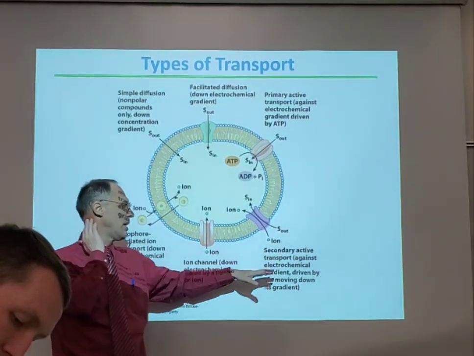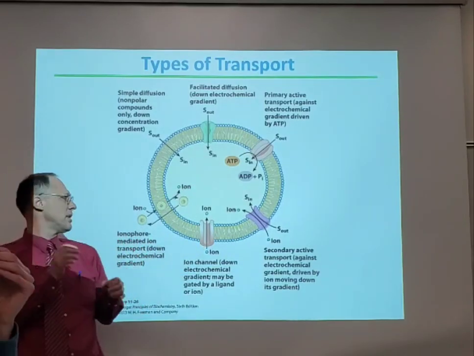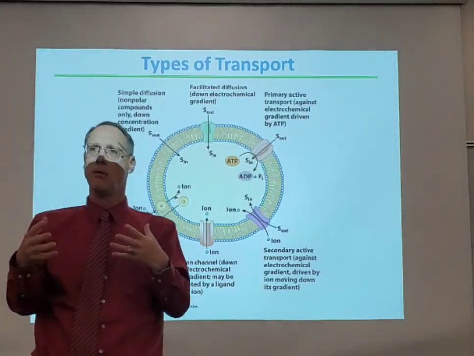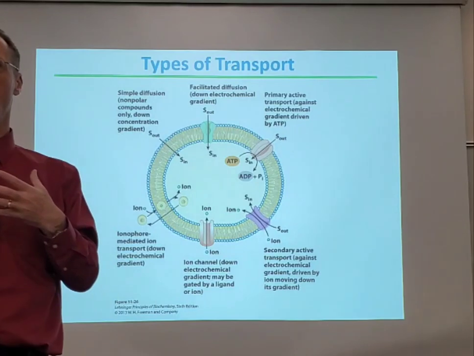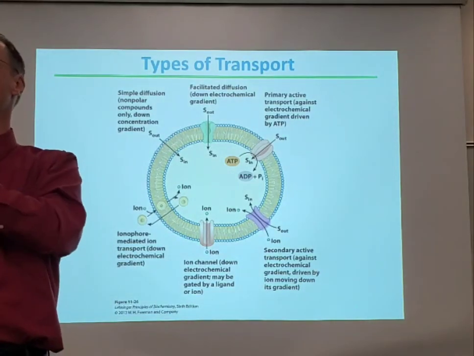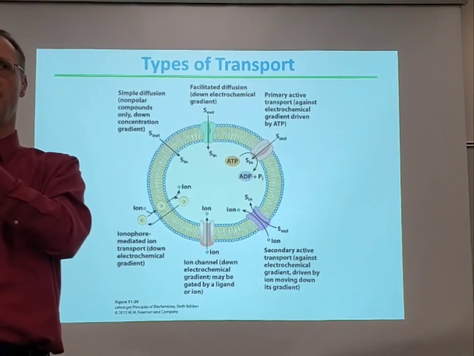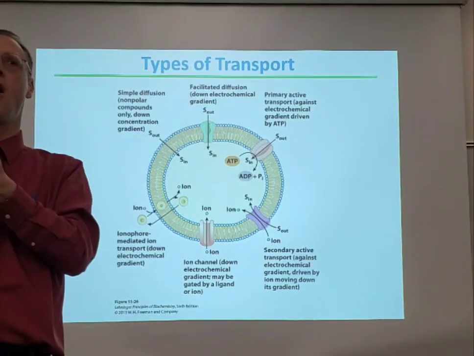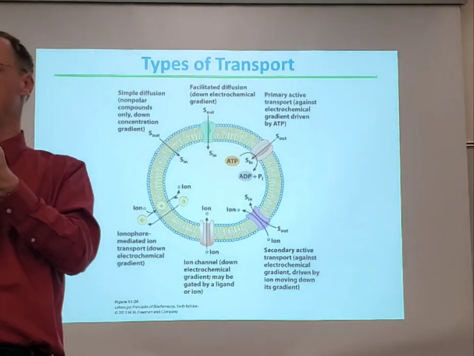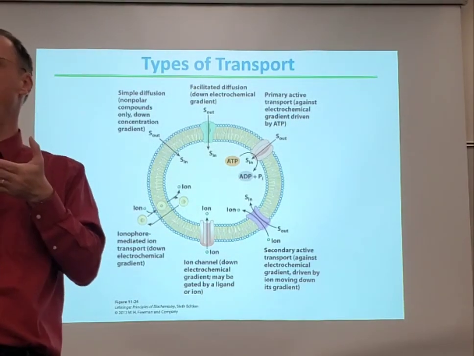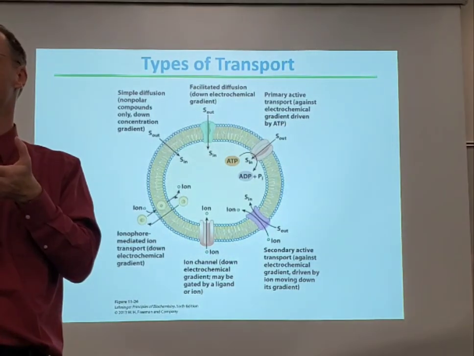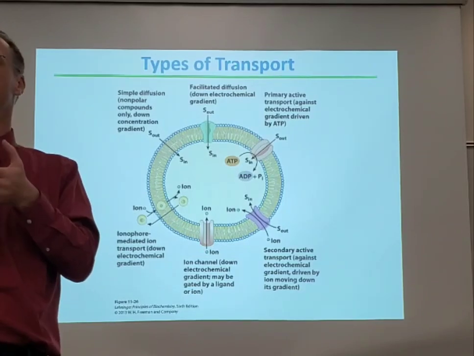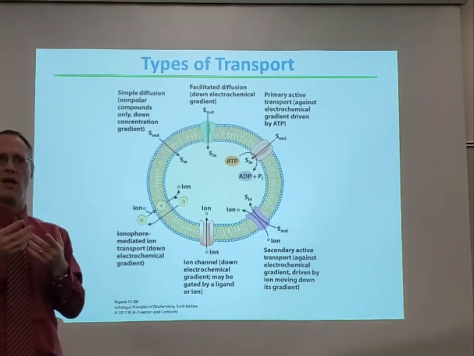Secondary active transport: I built a gradient with my active transporter, and then I use that gradient difference to go high to low, and I carry along a molecule that is going against the gradient. One molecule is going with the gradient and it's bringing along the other as cargo. That's secondary active transport.